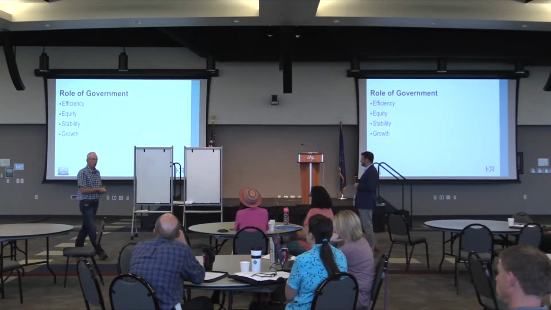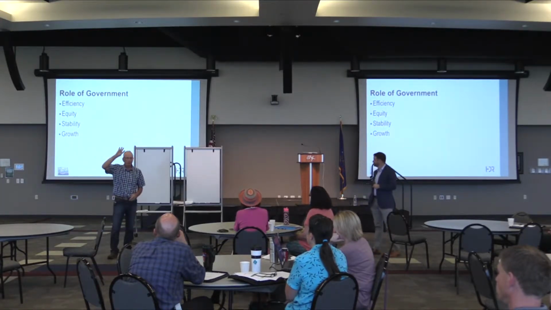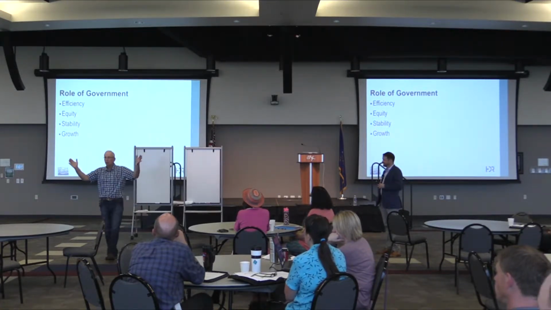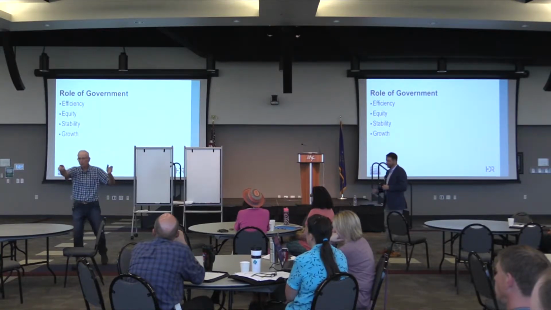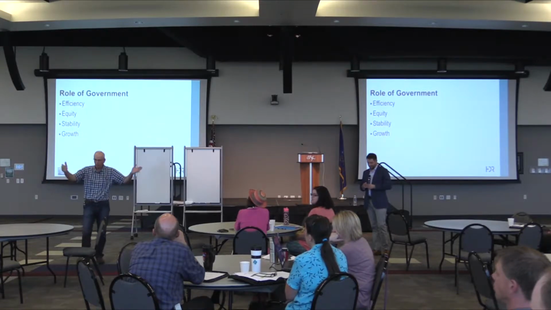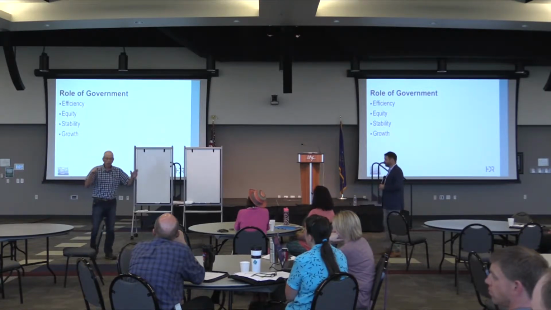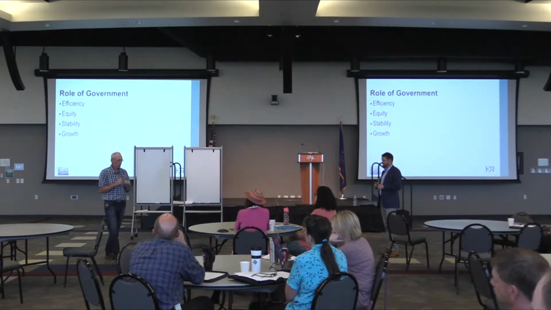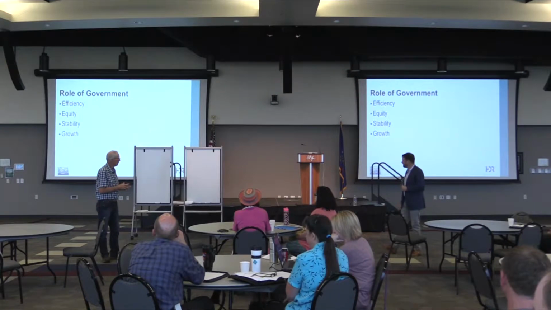Government has 4 roles. Efficiency, and that's the efficient allocation of our resources. Equity, the distribution of income, and I heard the word fair coming from Valley City. We want a fair distribution of income, that's a role of government. What I said this morning, if you're interested in that, look up GINI, the Gini coefficient, and it talks about the distribution of income in different countries and economies.